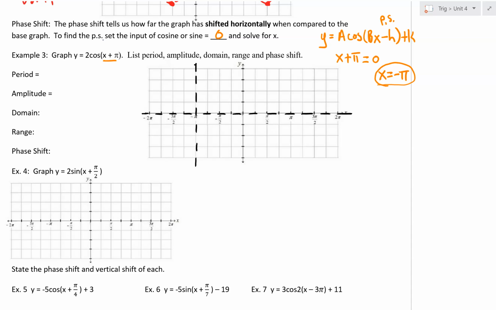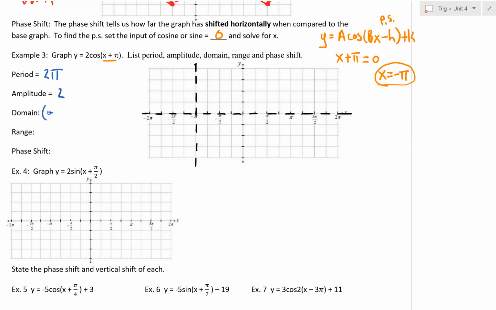Hopefully that makes sense. So when you go to do this, your points should be the same relationship. They should just be a little bit different in terms of how we're going to do this because everything got shifted. But the pattern for this should stay the same. Period. Still should take us 2 pi to get through this. Amplitude, that's our A value. It's 2.